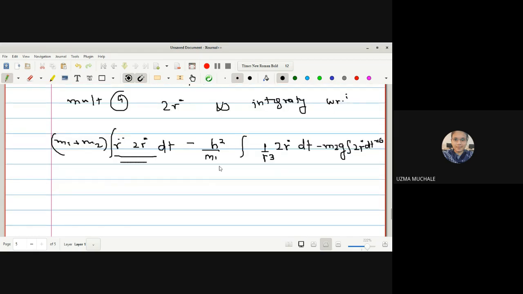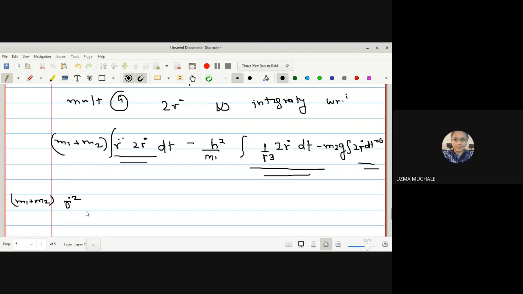What is the integration of this one and this? You have to tell me. You solved integration in 11th-12th. Tell me, what will be the integration of 2r dot into r double dot? r dot square. Correct, r dot square.